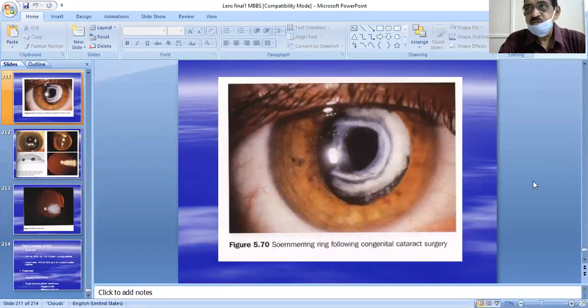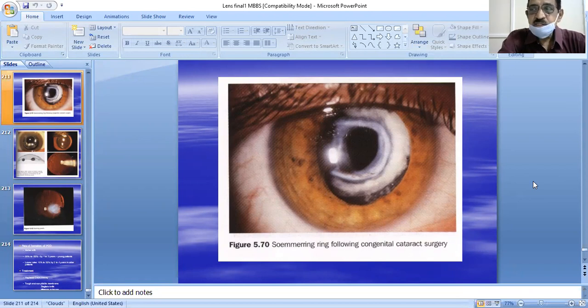In such cases, we put in an ACIOL. The ACIOL has its own complications. The Kelman Multiflex ACIOL is a well-known lens, and it has fewer complications than other rigid lenses.